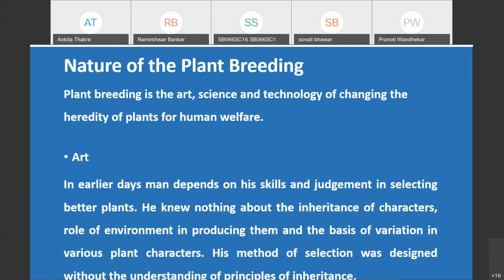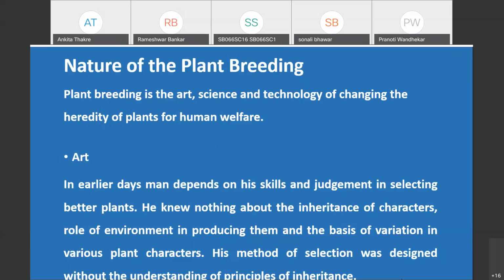Some believe that plant breeding is an art, but nowadays it is science more than art, and also technology of changing the heredity or genetic constitution of plants for human welfare. With the advancement of scientific knowledge, various methods were discovered to change the genetic constitution of the plant for human welfare.